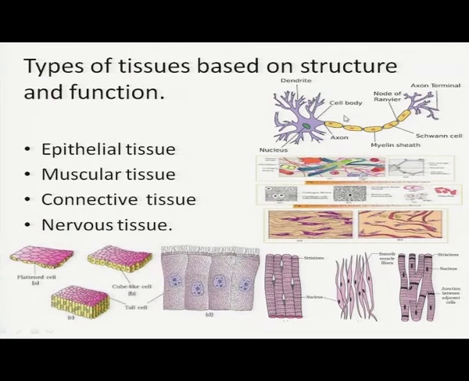So, in short, we can categorize the tissues into 4 different groups. Yes, epithelial tissue, muscular tissue, connective tissue and nervous tissue. So, these are the 4 different types of tissues present in animals based on structure as well as function.